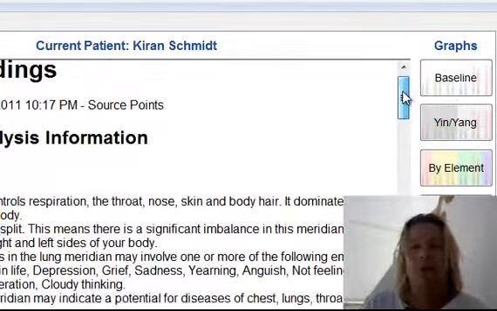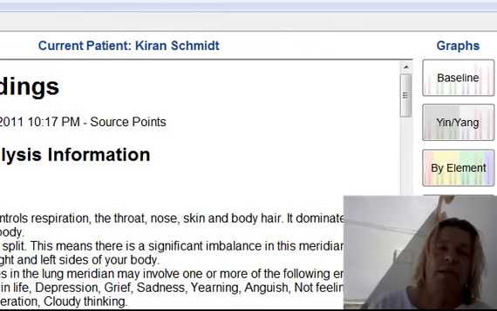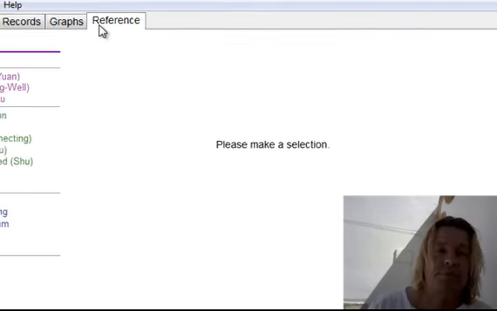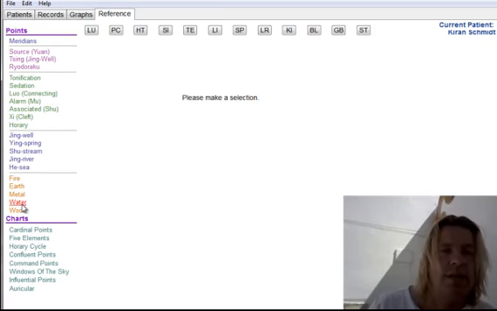But what you can do also, when you know, okay, there's a water issue, then you can go to reference, and you go to water.